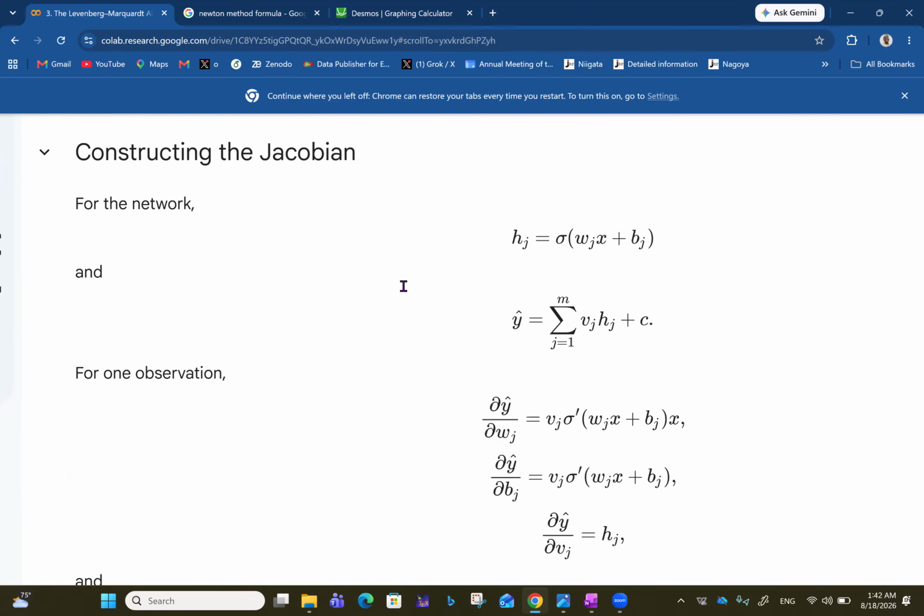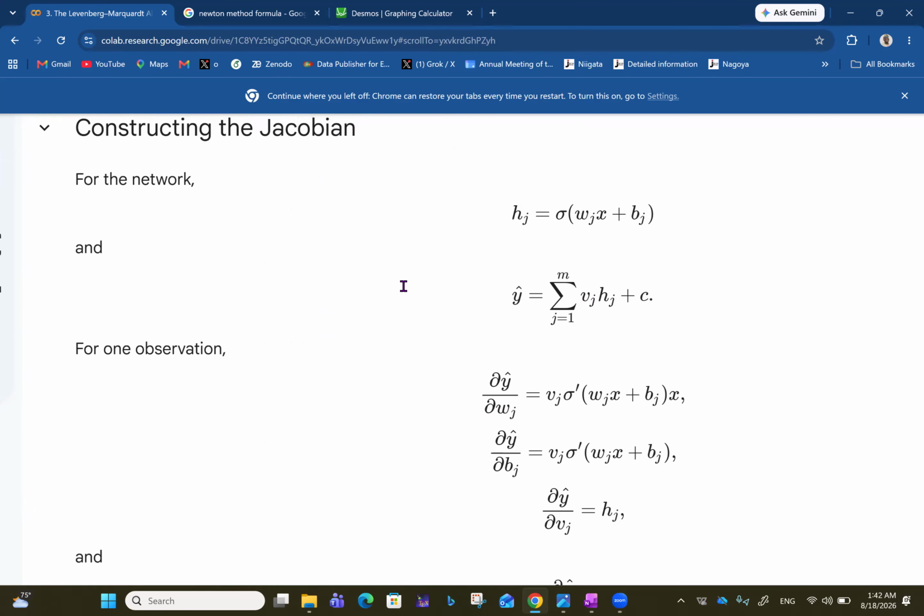Now, talking about constructing the Jacobian. Imagine H sub j is sigma of W sub j x plus B sub j, and Y hat is the summation from j equals 1 to m of V sub j H sub j plus C. So for one observation, you have dY hat over dWj, and so you have V sub j, because here H sub j is inside there, so you could also throw this in here so it will be easy to see what exactly is happening.